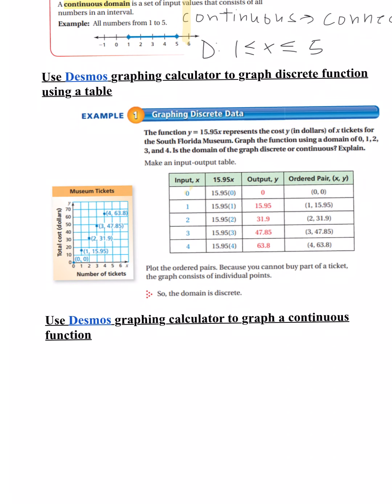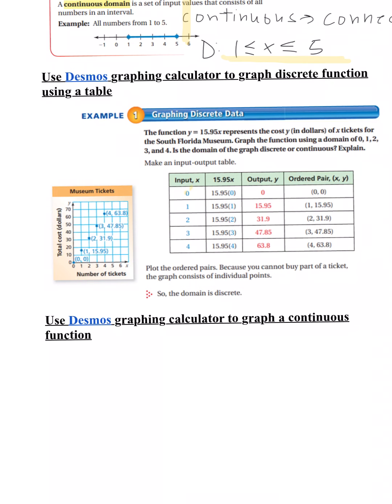So I think to myself, if I'm going to buy tickets to a museum or tickets to a movie, can I buy half a ticket? No, I cannot. I can only buy one whole ticket, right? Or if I want two, I've got to buy 2 whole tickets. I can't buy 1.5 tickets. So the main clue is you cannot buy part of a ticket in this problem.